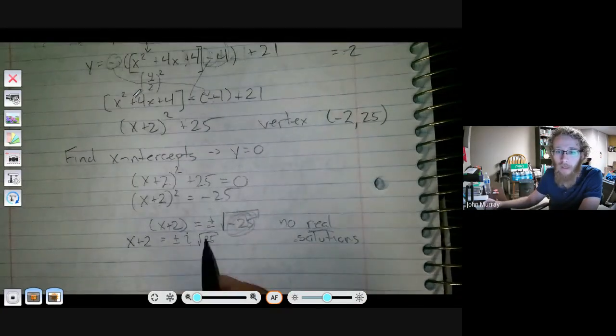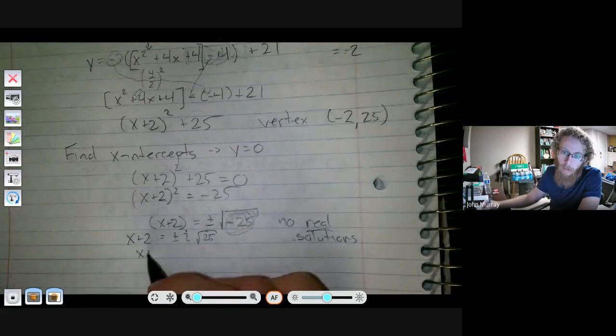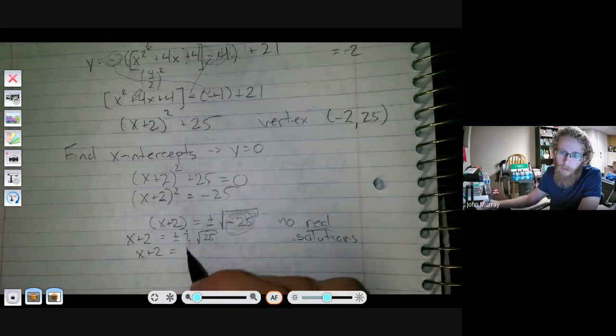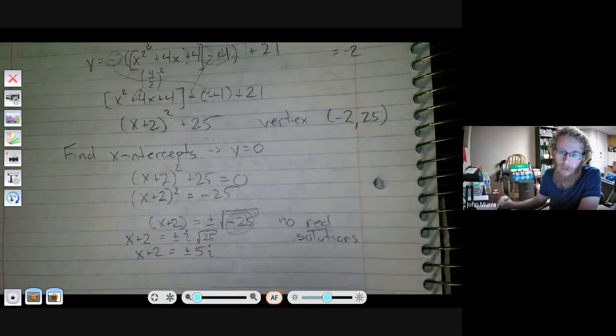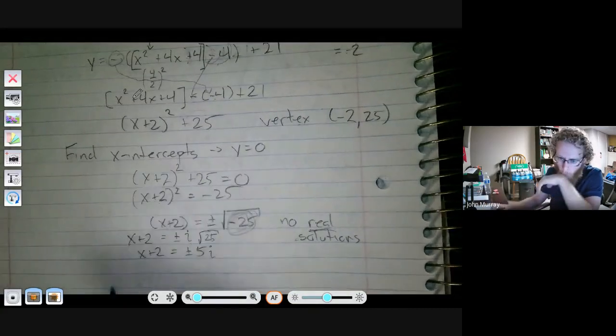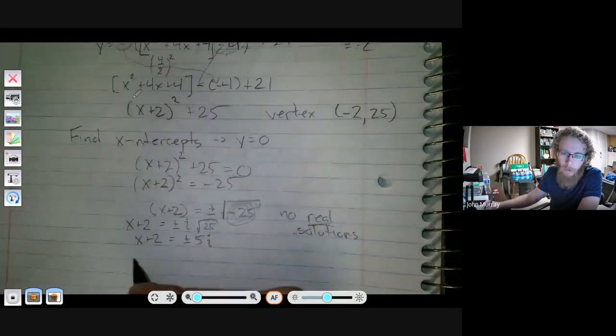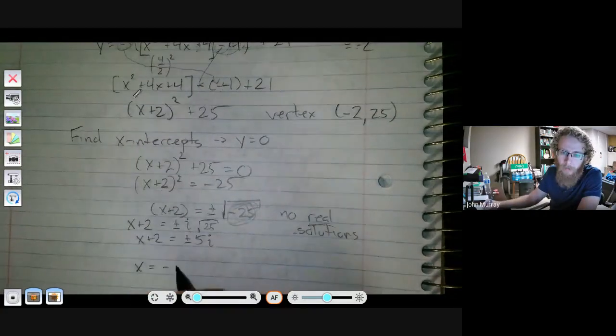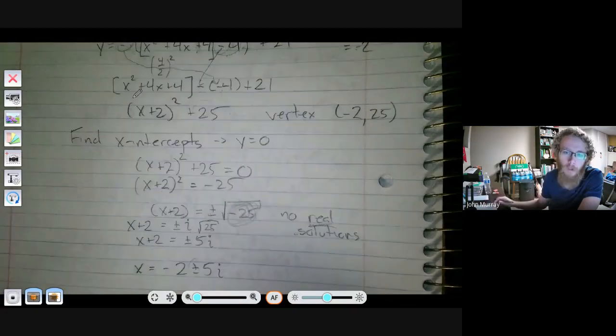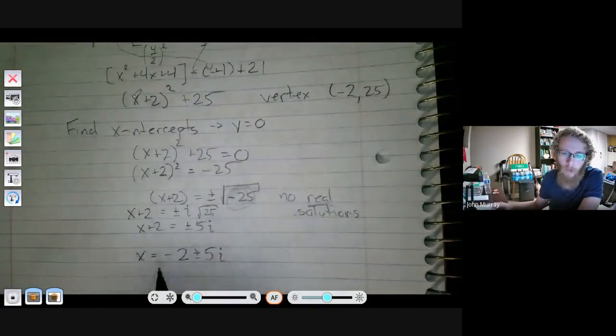And then things work out nicely because the square root of 25 is 5. So right now we have x plus 2 equals plus or minus 5i. And then we subtract 2. And there I have my two solutions: negative 2 plus 5i and negative 2 minus 5i.